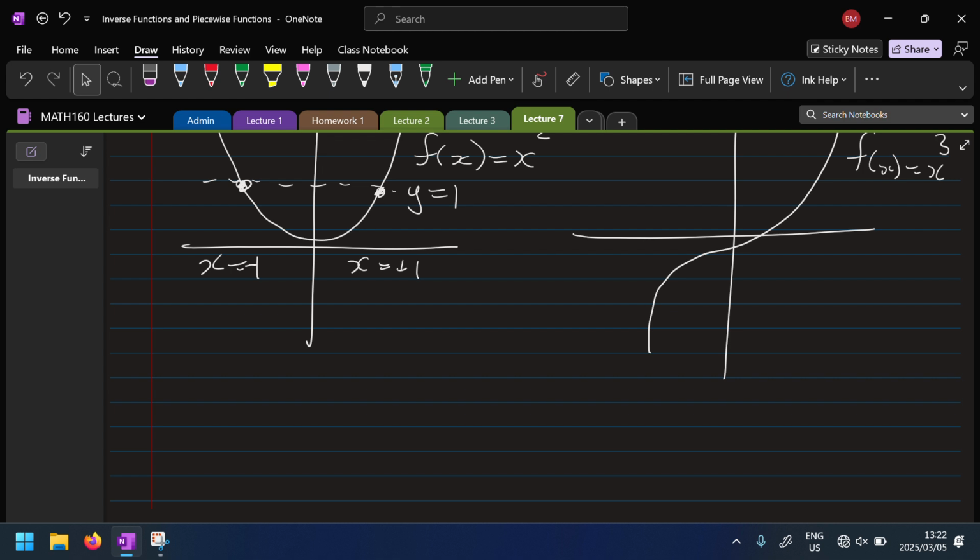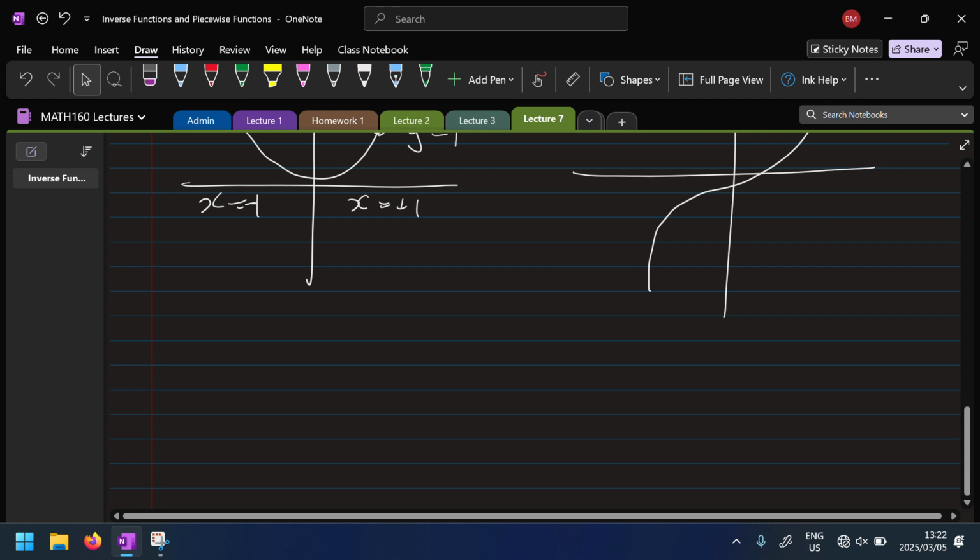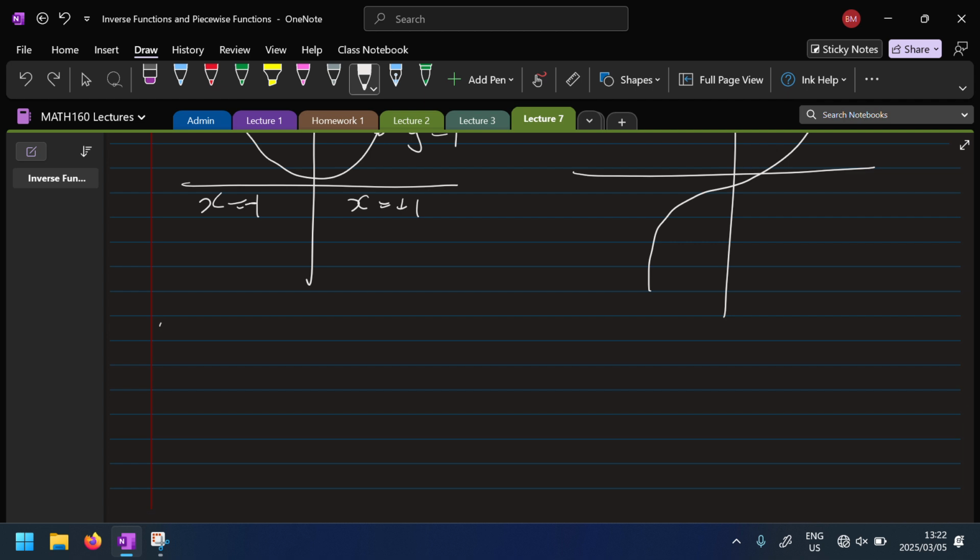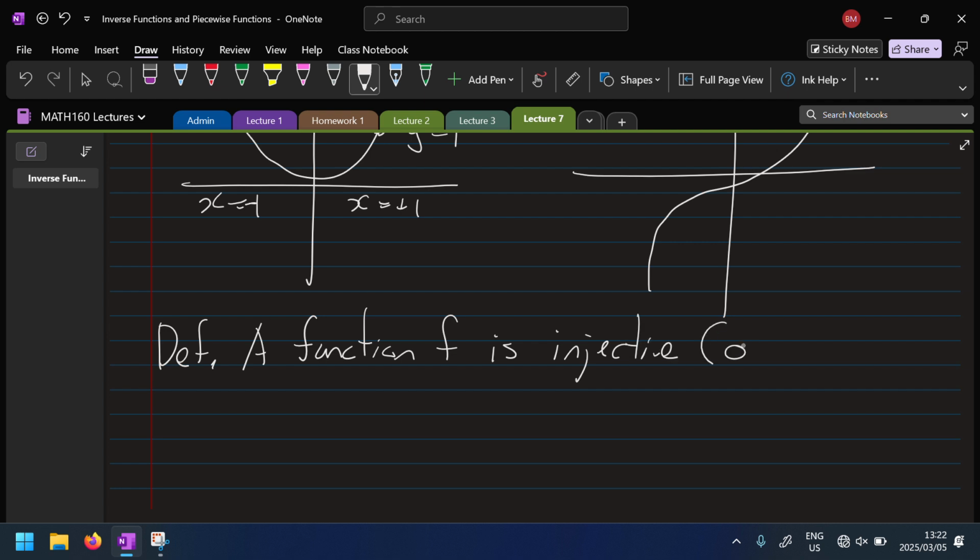So what's the definition? So we have an idea of what it is, but what does it mean in terms of the definition? So definition, a function f is injective or 1 to 1. Okay, it's just 2 words for the same thing.